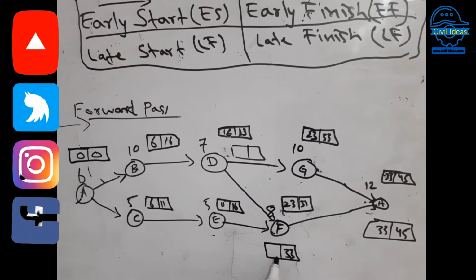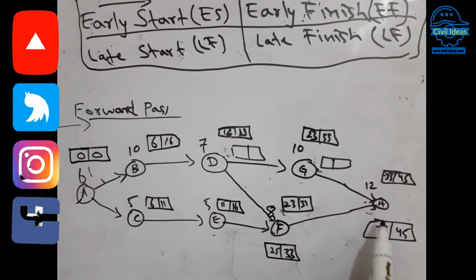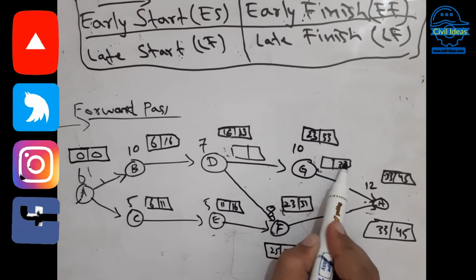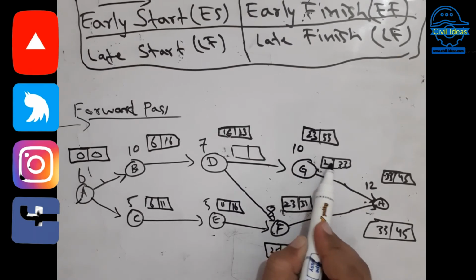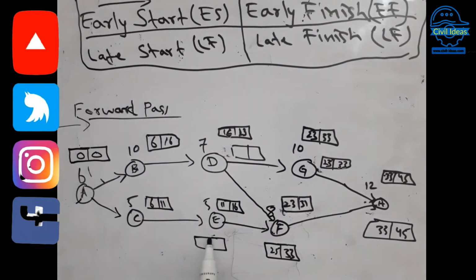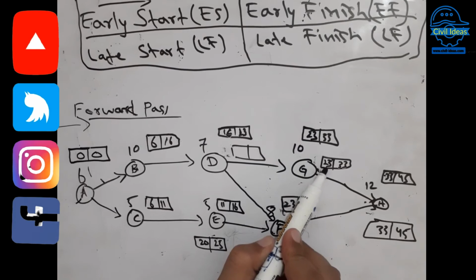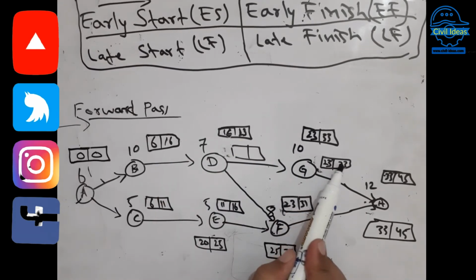So 33 minus 8 is 25, and also here you take the end activity's 33, and 33 minus 10 is 23. Now take 25, and 25 minus 5 is 20. Here you take the values from the early start and the late start; this is the late start and this is the late finish.